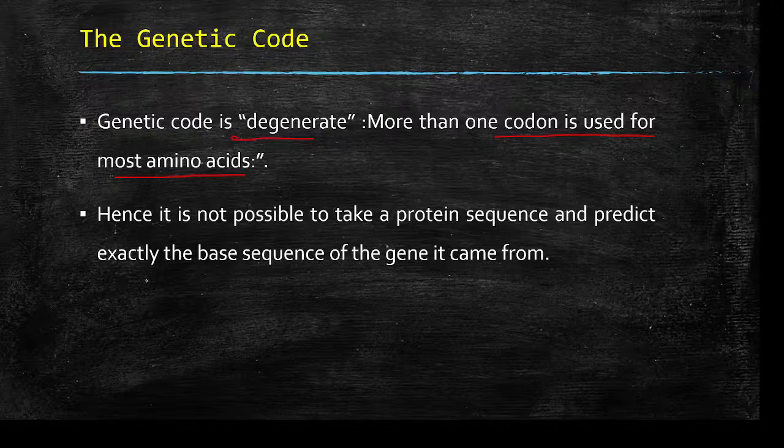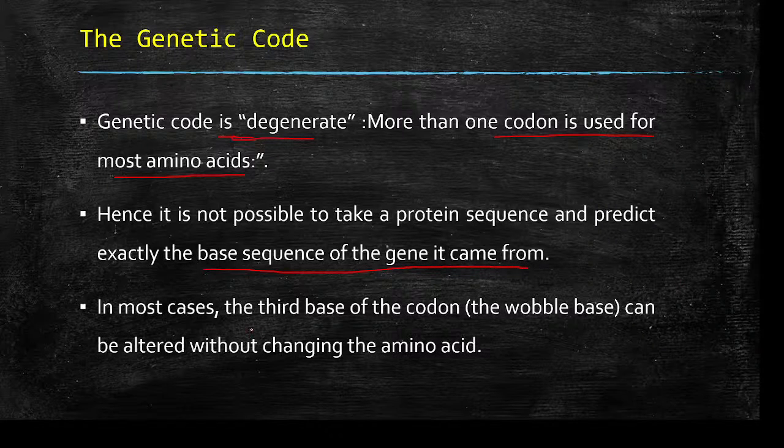Since the genetic code is degenerate, if you take a particular amino acid from a protein, you can't predict which codon coded for it, that is, you can't predict exactly the base sequence of the gene it came from.